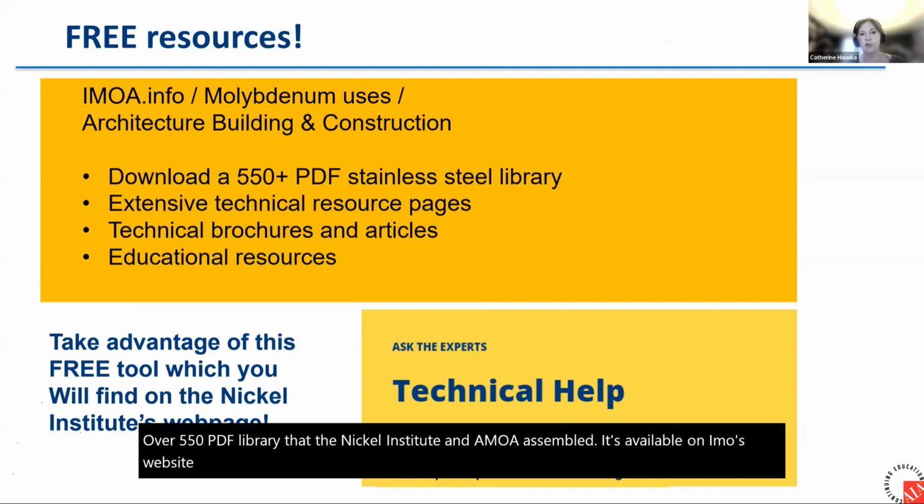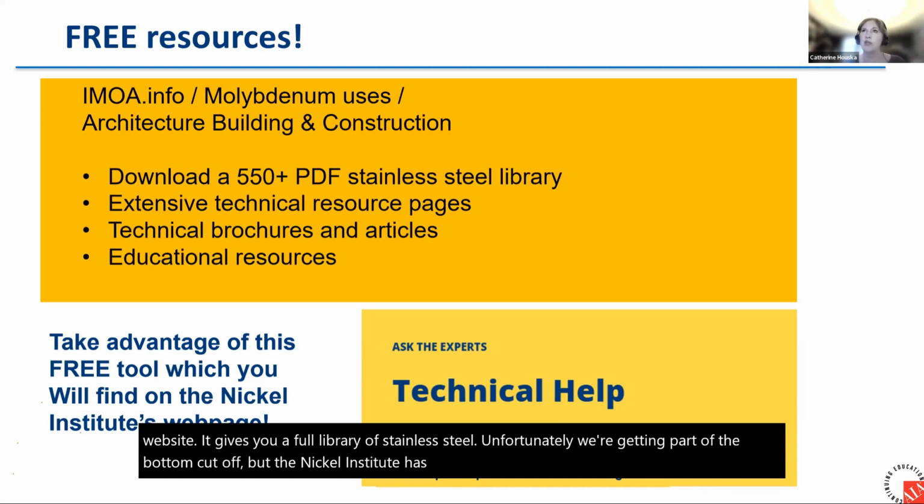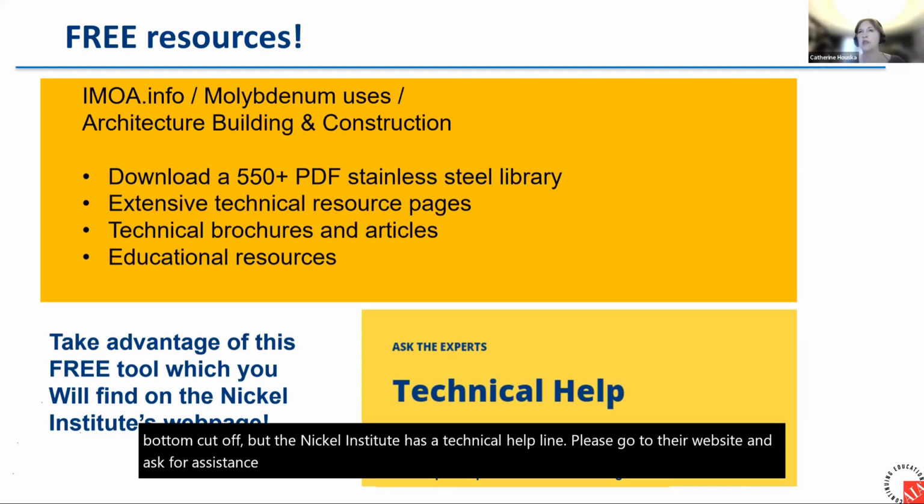It gives you a full library of stainless steel. Unfortunately, we're getting part of the bottom cut off, but the Nickel Institute has a technical help line. Please go to their website and ask for assistance. They will put you in touch with the appropriate people.